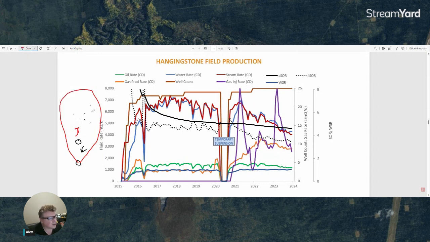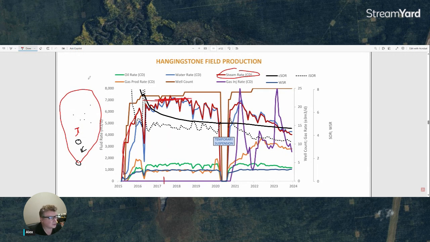What we see here is steam injection initially, in red. That steam rate by 2017 went to about 7,000 cubes per day, and just peaked at those levels.